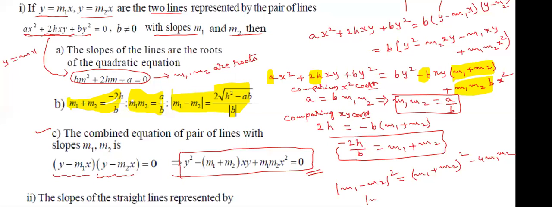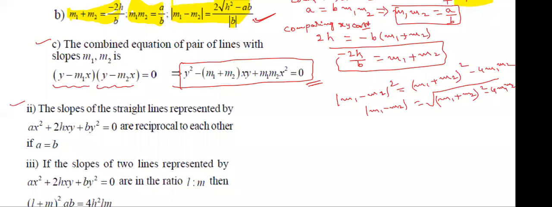Now modulus of m1 minus m2 is equal to under root (m1 plus m2) whole square minus 4 m1 m2. Here substitute the sum of the roots and the product of the roots. So you will get this formula, that is the difference of the roots of the equation.